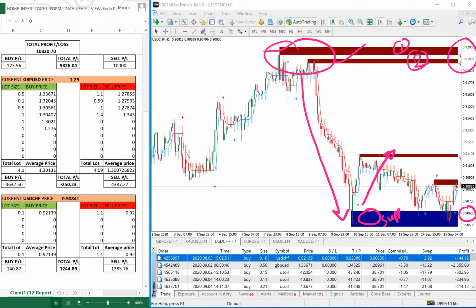So we'll adjust the lot size here to match the total 1.1 lot. So we buy here again 1 lot at 0.9065, and that's all. Both lots are now 1.1.